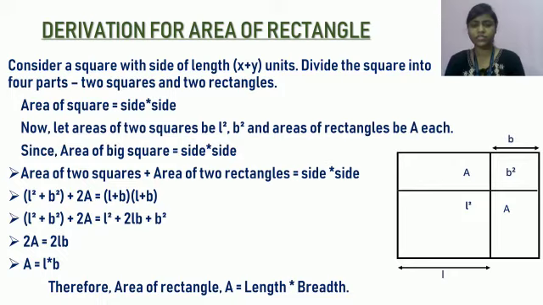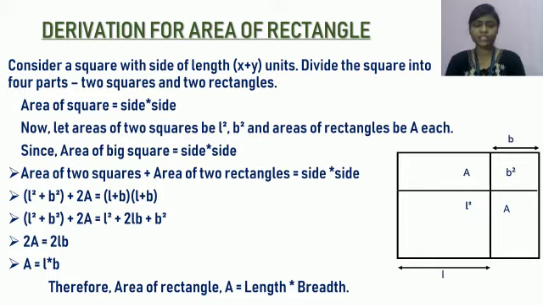Now area of 2 squares is L square plus B square, and area of 2 rectangles is 2A. So L square plus B square plus 2A is equal to (L plus B) into (L plus B). That implies L square plus B square plus 2A equals L square plus 2LB plus B square.